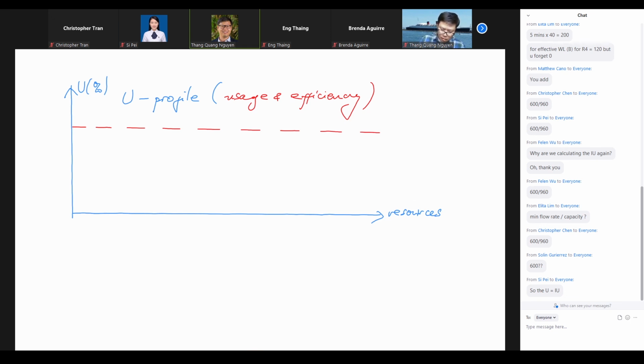Then the first station is about 62%. I need to draw it a little bit higher. Right, 62% right here for resource number 1. And then 51% for resource 2.